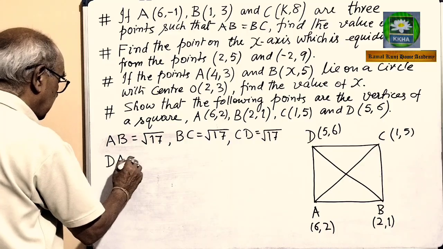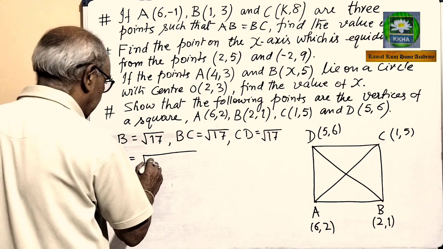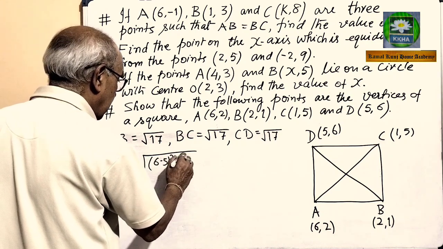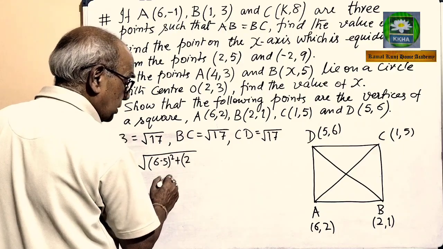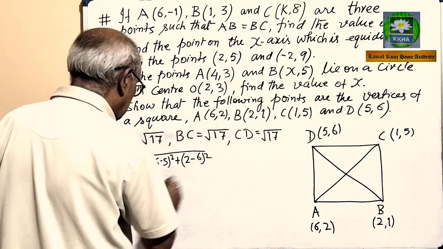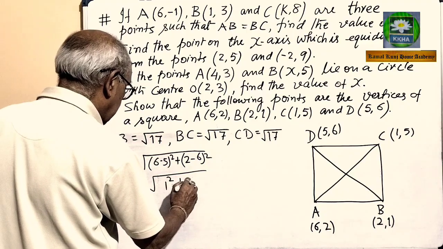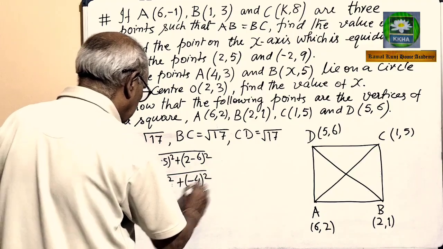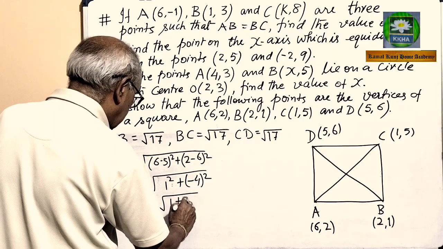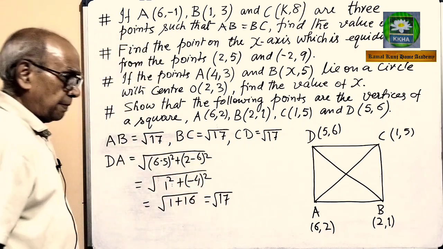Now the last side DA. DA is equal to under root (6 minus 5) whole square plus (2 minus 6) whole square, which is 1 square plus (minus 4) square, equal to 1 plus 16, under root 17.